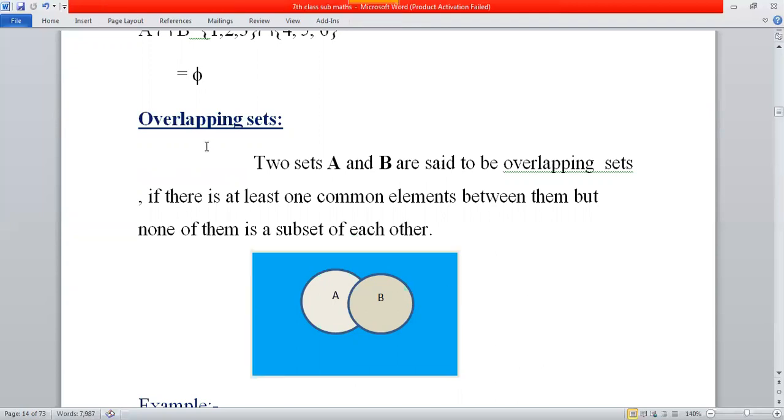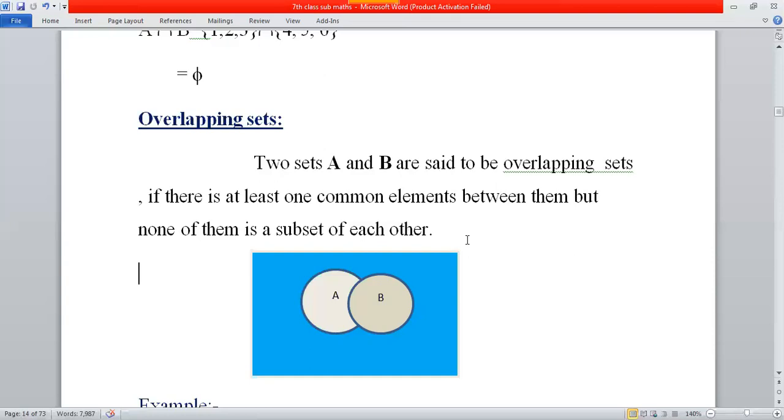So how to define overlapping sets? Two sets A and B are said to be overlapping sets if there is at least one common element between them, but none of them is a subset of the other. It means that if you have two sets A and B, at least one element should be common, but not all the elements of one set present in the other, not a subset of the other set.